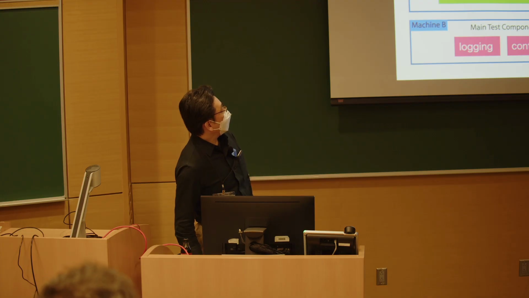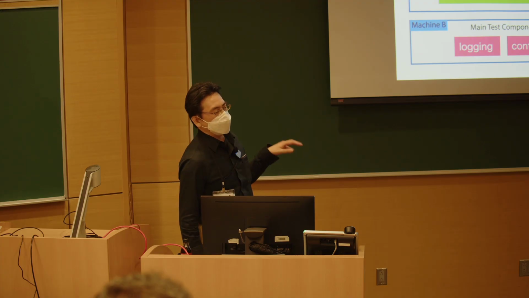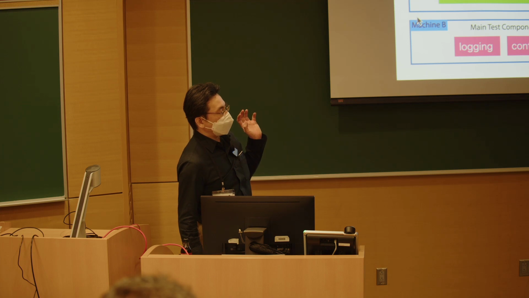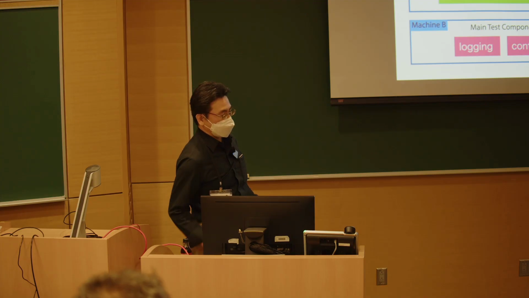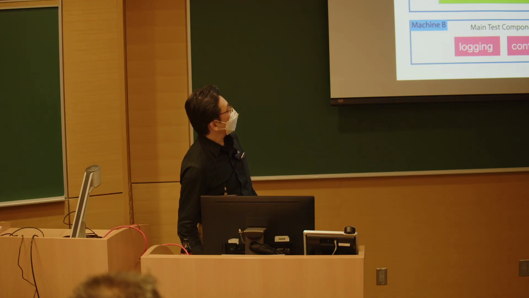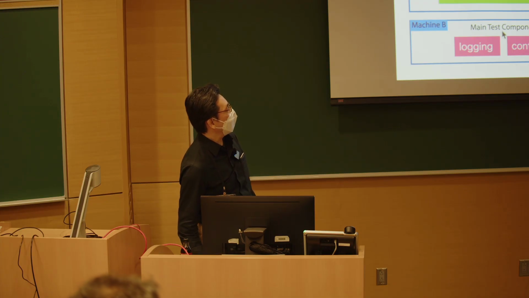And the previous example shows the test running on the same machine, but you can split the test controller and where the test actually runs. So machine A has the same structure of the same component of the hello world test, but this test is controlled by another test component on another machine.